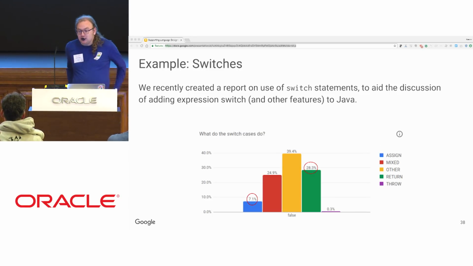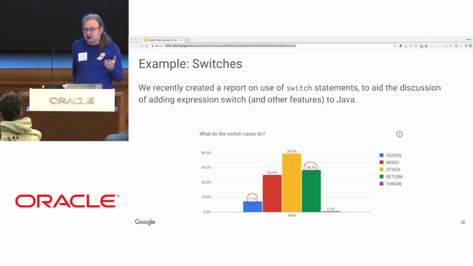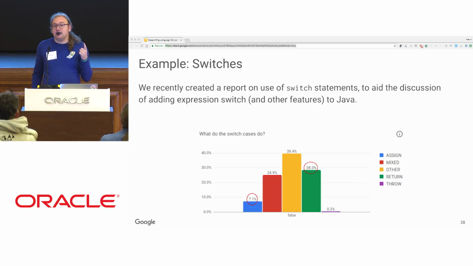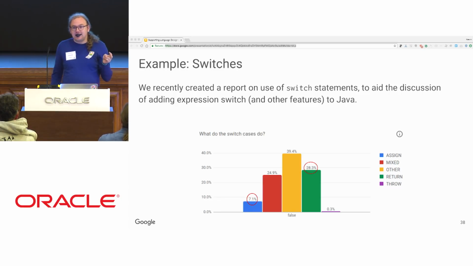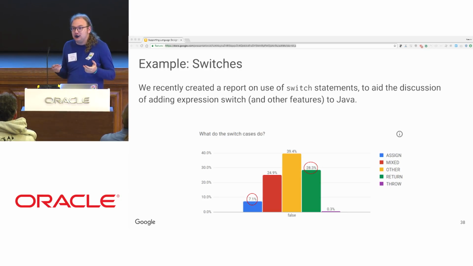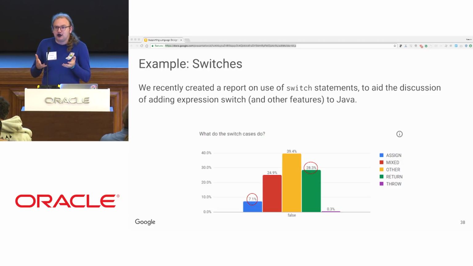What do switch cases do? Since we were talking about expression switch in the first place, we went and found, of all the switches, what are they doing? Are they, for example, assigning to the same variable in all cases? Are they all returning? Are they doing something more complicated? We found that the blue and the green columns here represent switches that are being used pretty obviously as an expression and could pretty clearly be replaced with an expression switch.